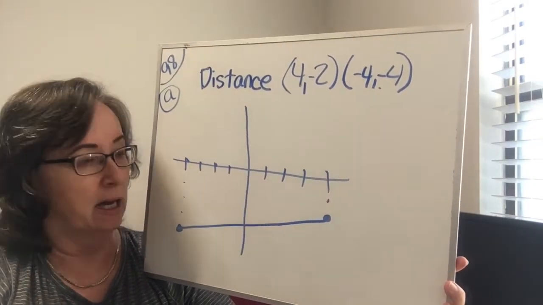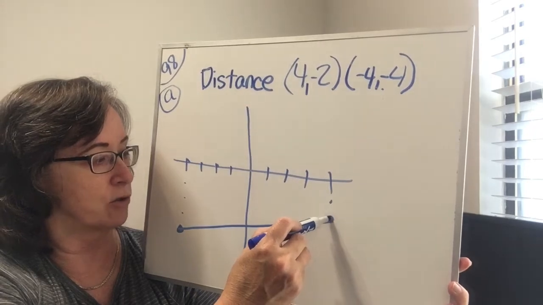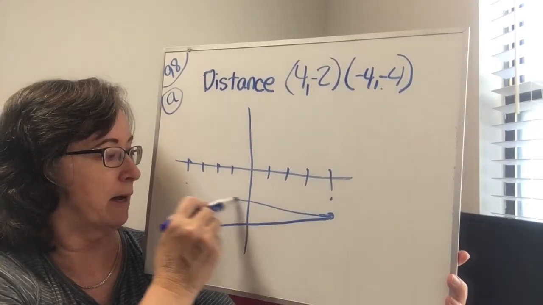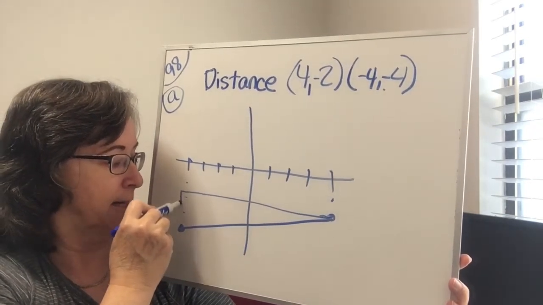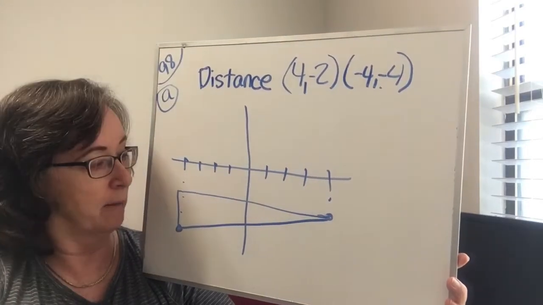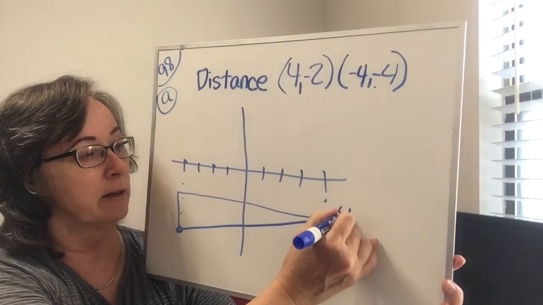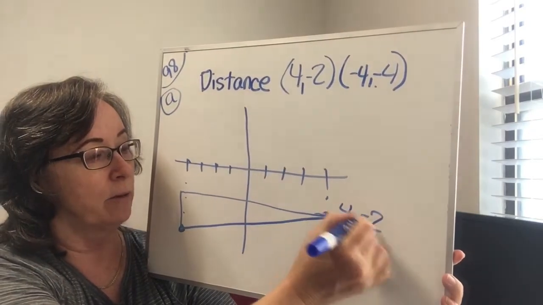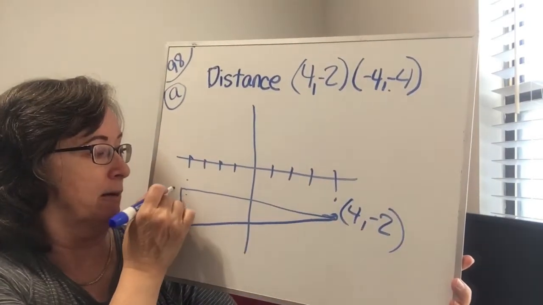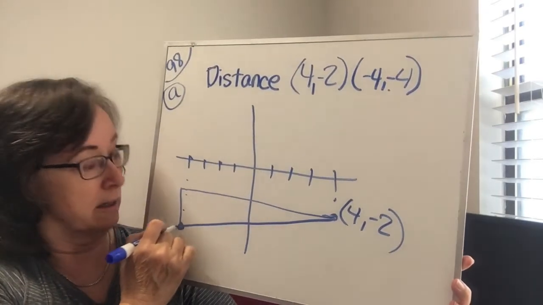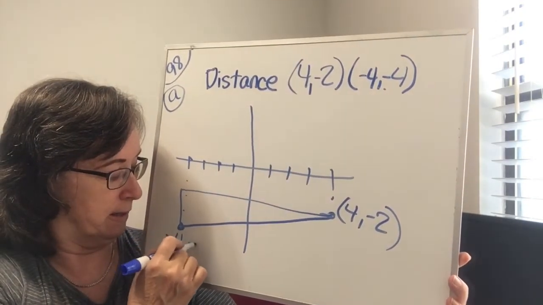We want to make a right triangle that's going straight horizontally across and then down, okay? So we're going to label our points. This one was 4, negative 2. This one was negative 4, negative 4.